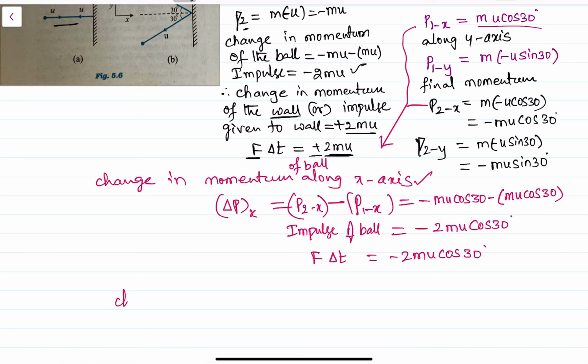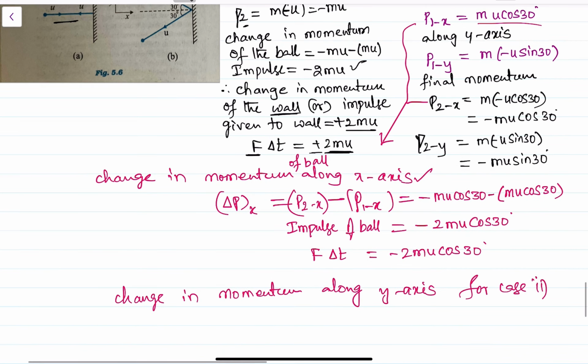Similarly, find the change in momentum along the y-axis for case 2. Delta p along the y-axis is equal to P2y minus P1y. What is P2y here?